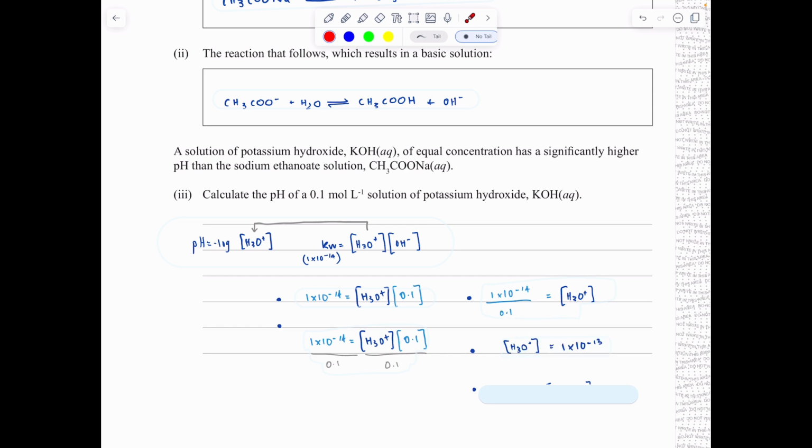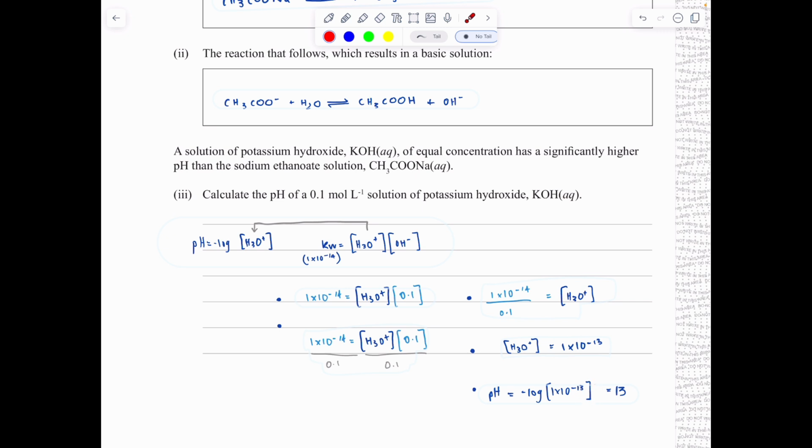Plugging that into our calculator, we get 1 times 10 to the power of negative 13 as our hydronium ion concentration. But we're not finished yet. We have to plug this into the pH equation. So by doing so, we get pH equals negative log of 1 times 10 to the power of negative 13.